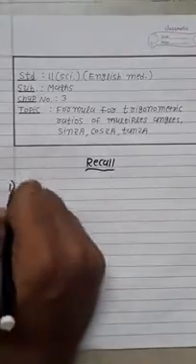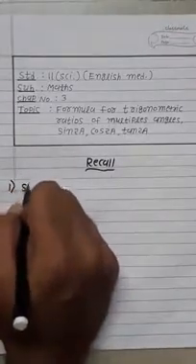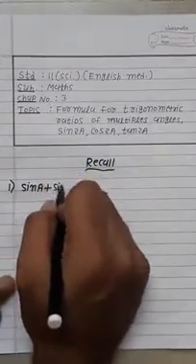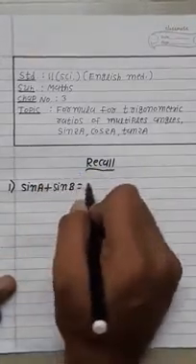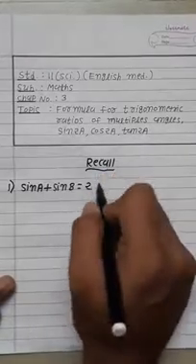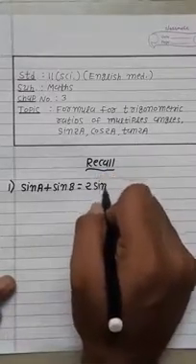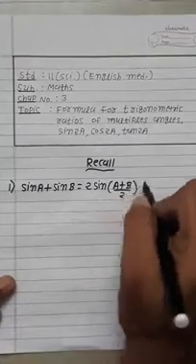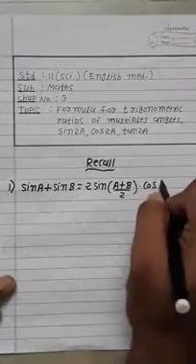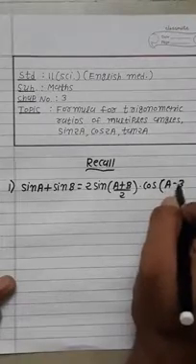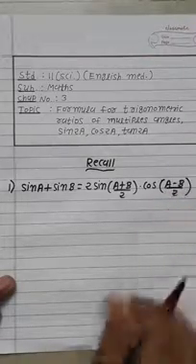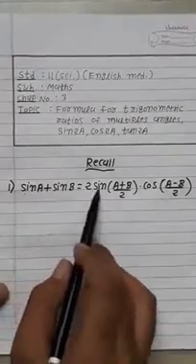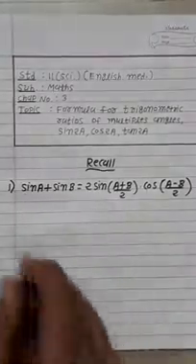So first, sin A plus sin B is equal to 2 times sin of (A plus B) divided by 2 into cos of (A minus B) divided by 2. Short form: s plus s is equal to 2sc.